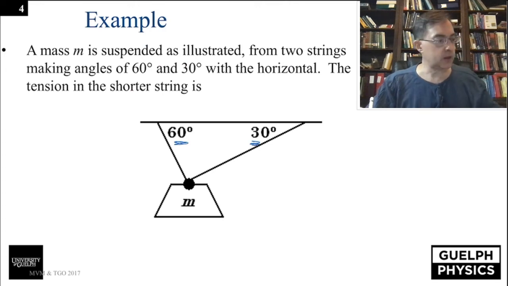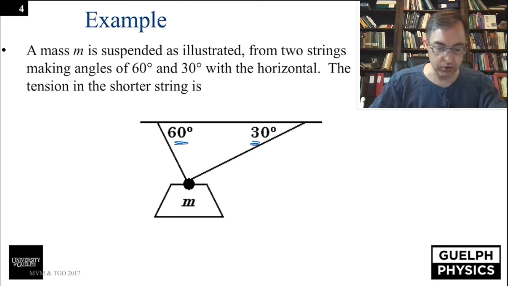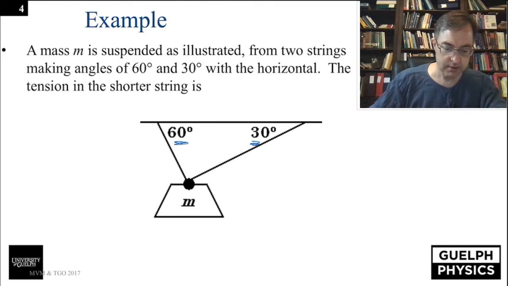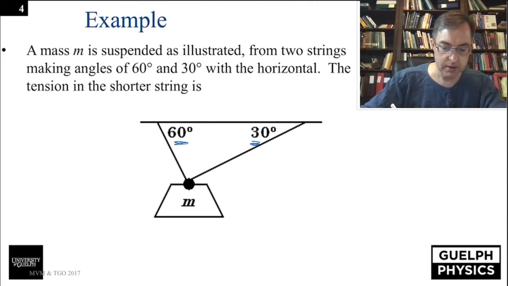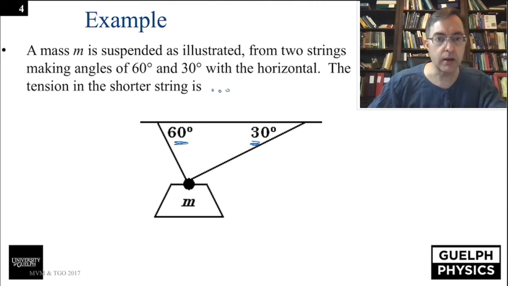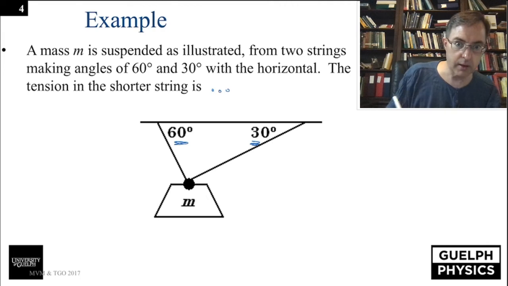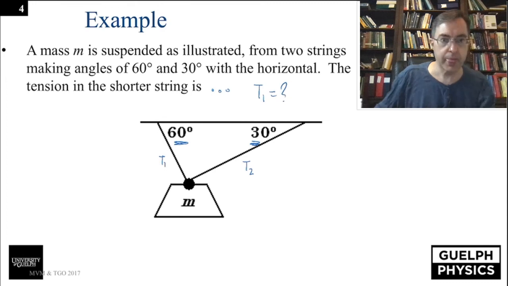Okay, the tension in the shorter string is... Okay, so the question asks for the tension in the shorter string. And let's just do this. Good. So I'll call this T1 and T2. And so I really want what T1 is.